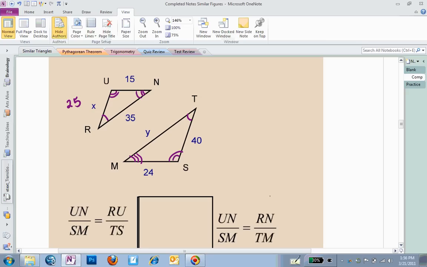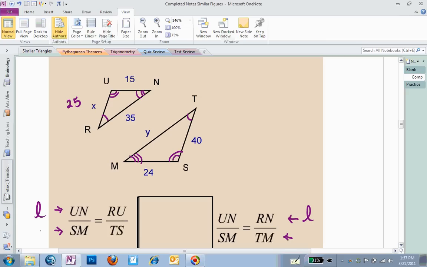Now, one thing I want to mention, and that I always do, is I keep in mind in my proportions that I'm using either big triangles on the top and little triangles on the bottom, or vice versa. In this case, UN and RU were both from the little triangle. So my sides from the little triangle are in my numerator.